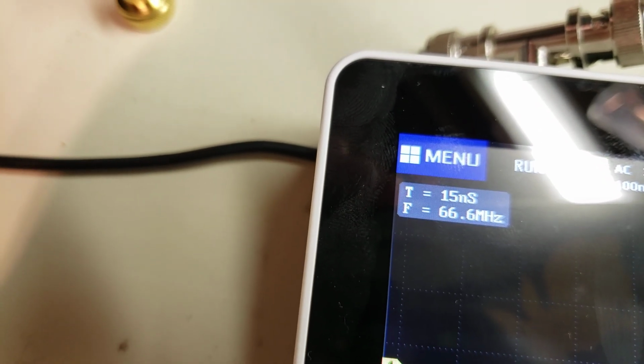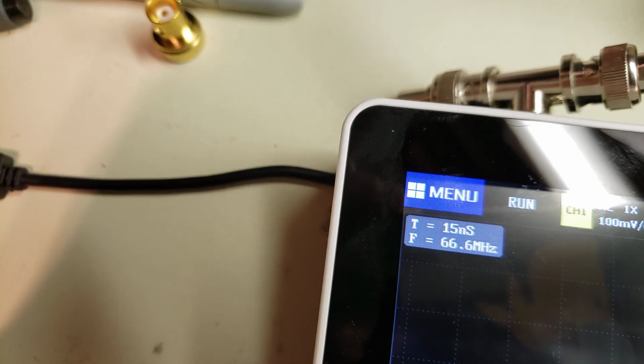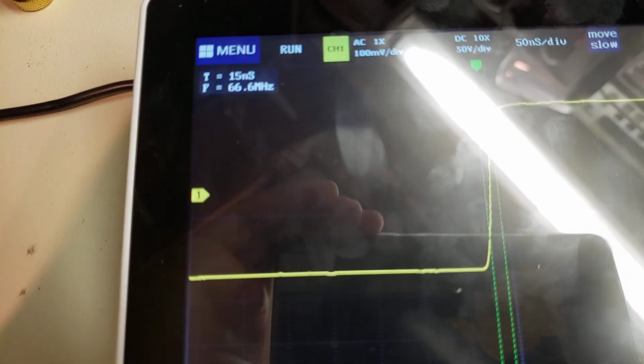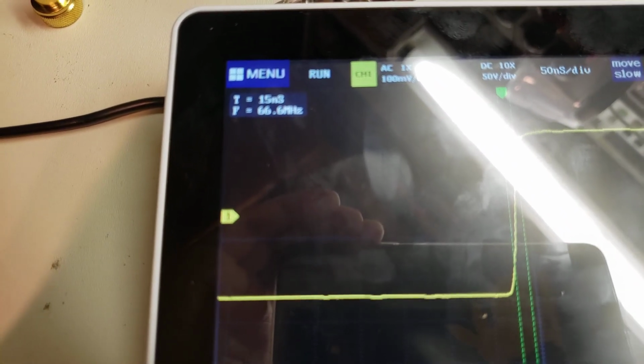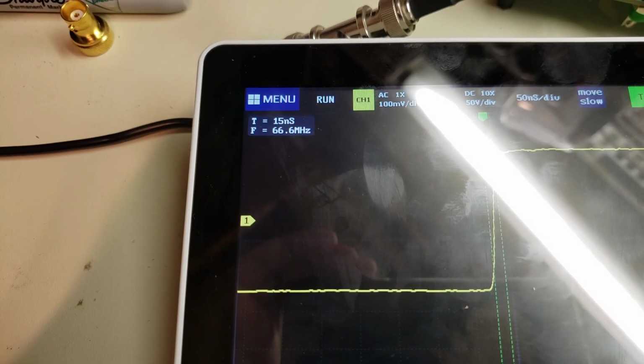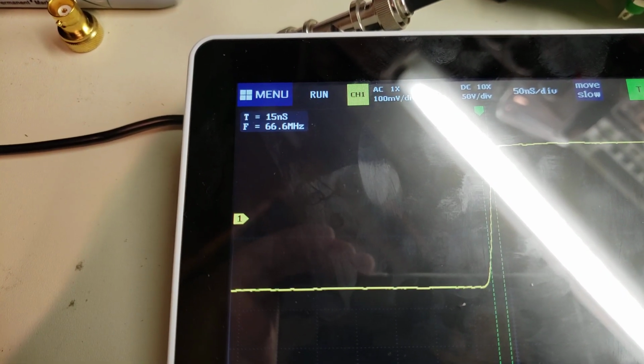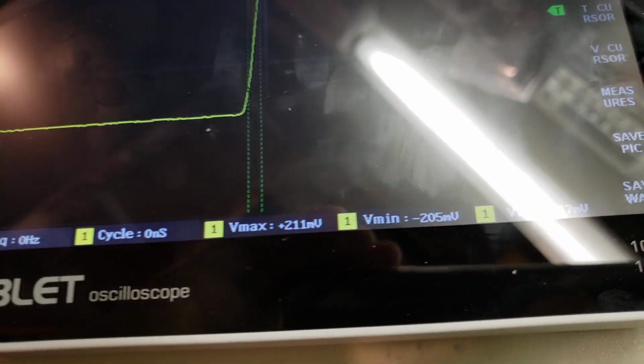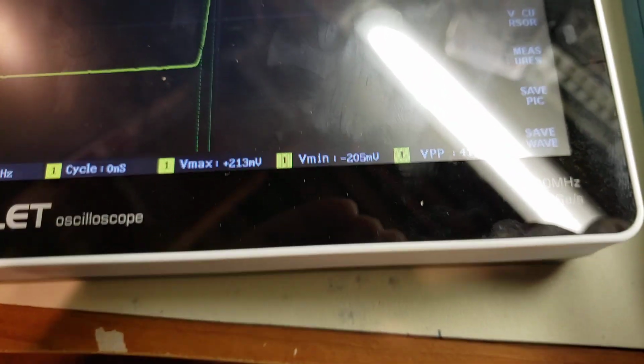If you divide 0.35 by 15 nanoseconds, that's going to give you between 20 and 30 megahertz. So no way this is delivering 100 megahertz.